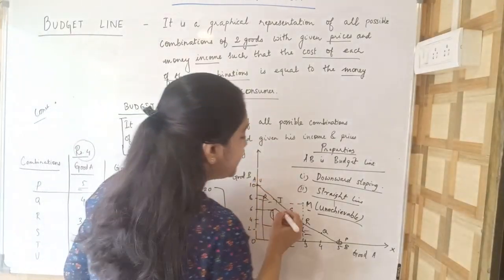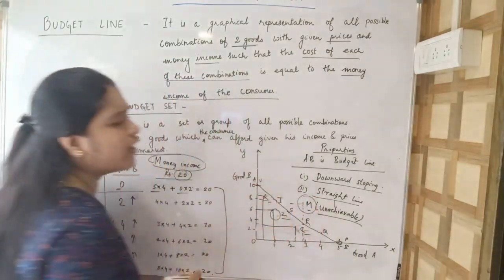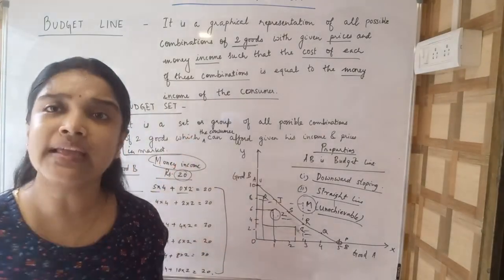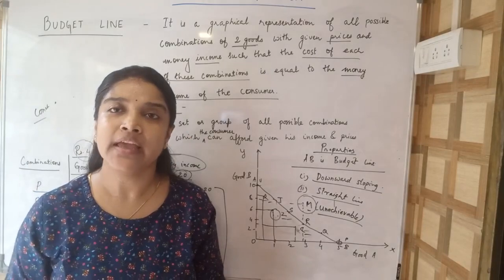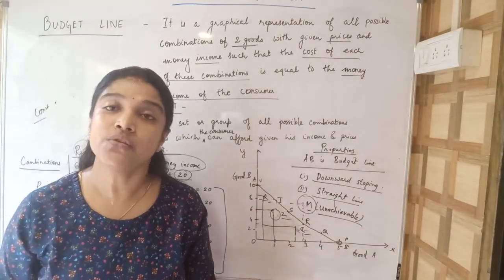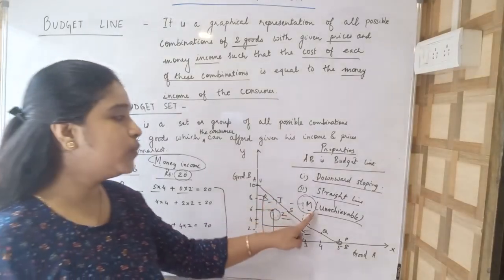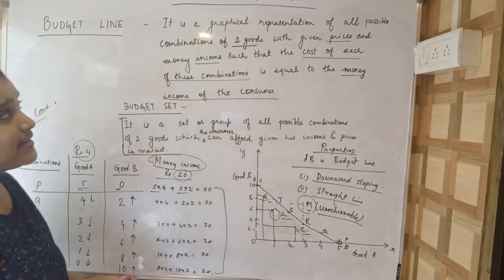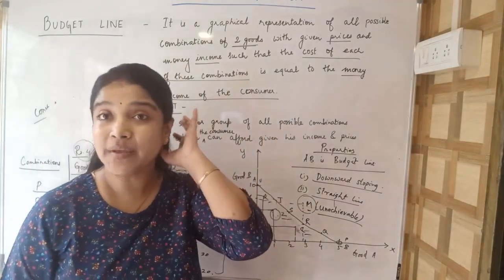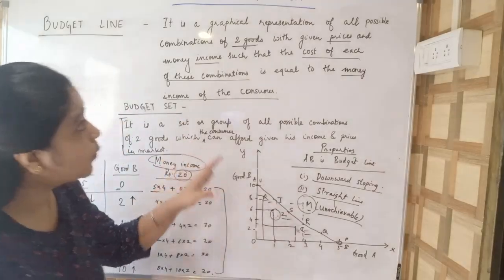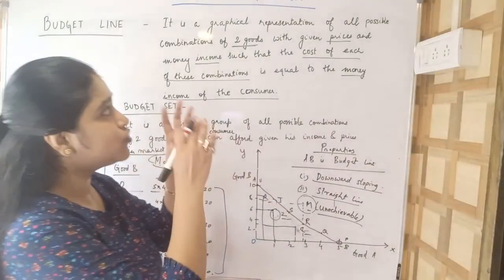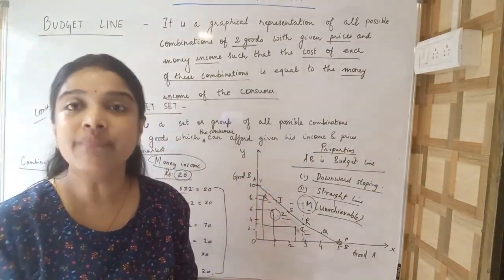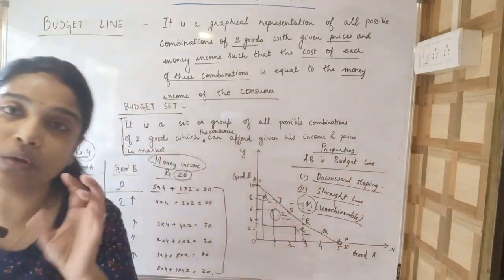But will point M come under the budget set? No, because it is outside his given money income. It is more than 20 rupees. So that is why we cannot include this point in the budget set. The budget line is basically those combinations of two goods with given prices and income wherein the cost will be equal to the income.